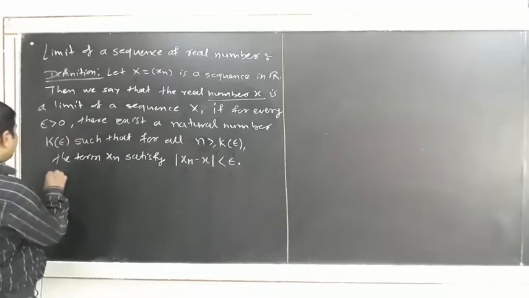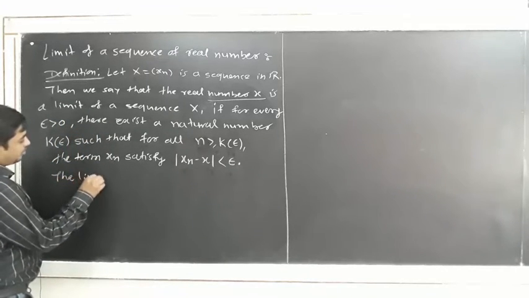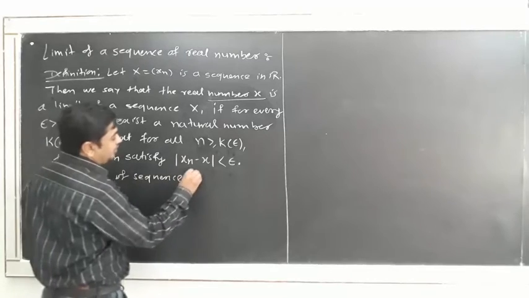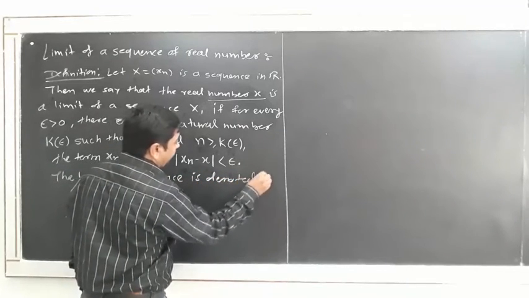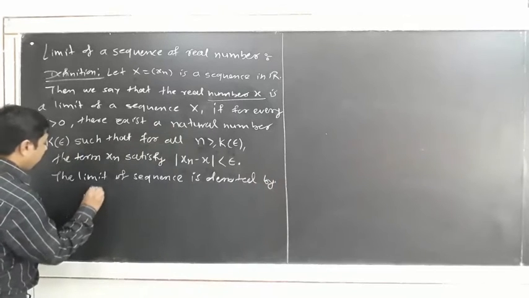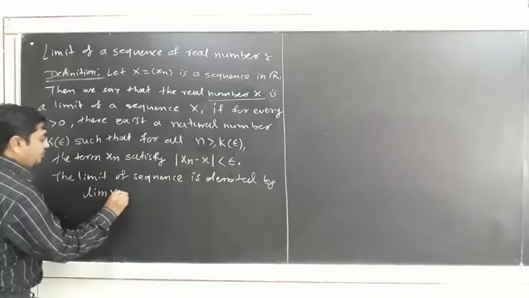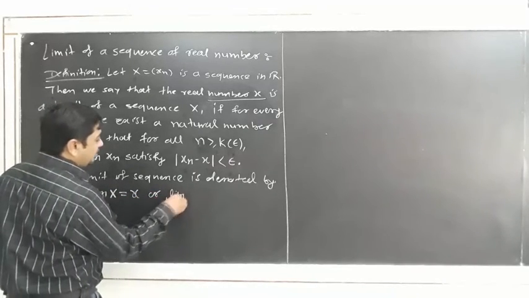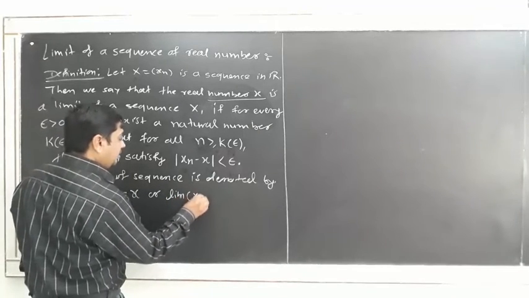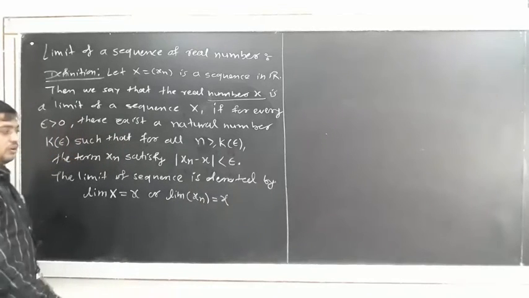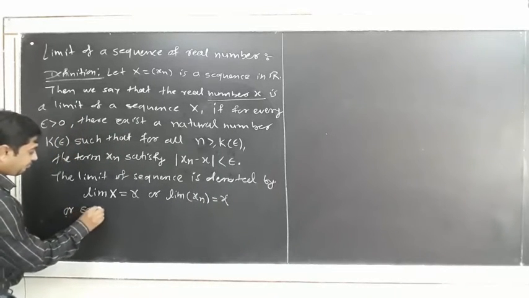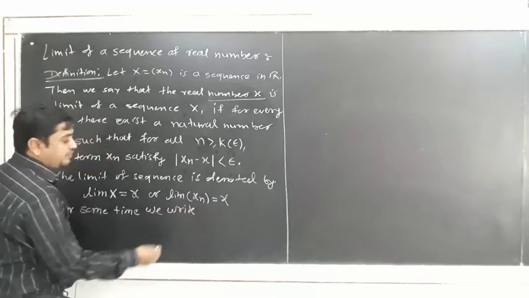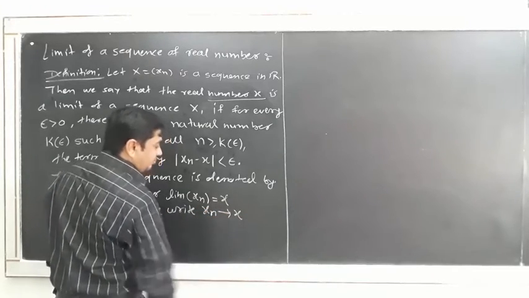Okay, then the limit of the sequence is denoted by lim X = x, or we can write lim xn = x, or sometimes we write xn tends to x.